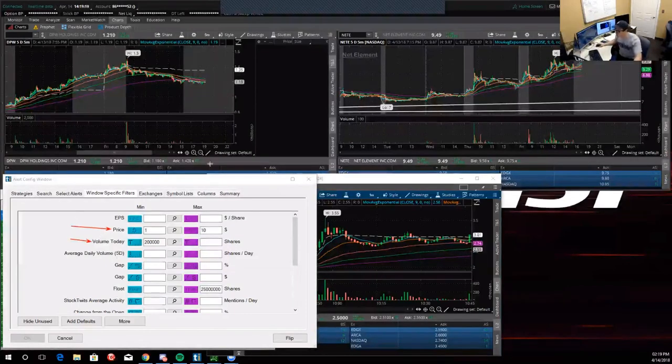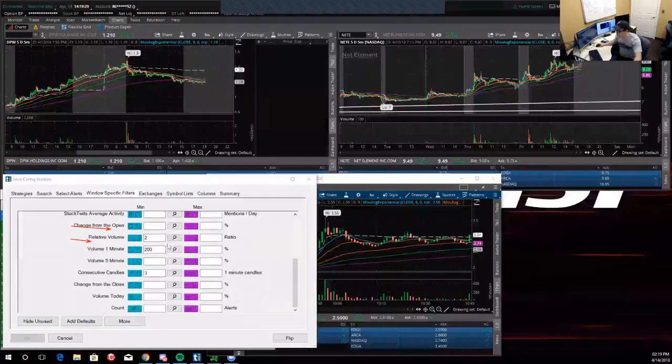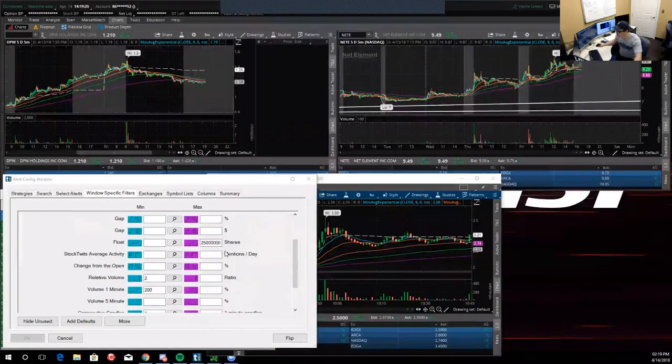Okay, so let's continue down to the next one here. We have float. Here we increase the float a little bit. The previous one was only 15 million. This one's 25 million. So we're scanning here for stocks that have a float of equal to or less than 25 million shares.